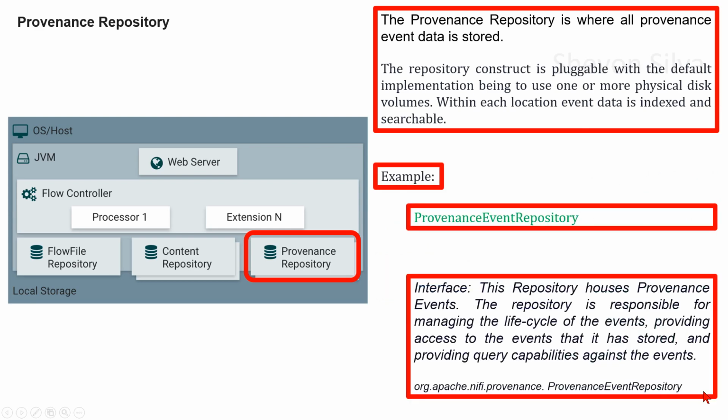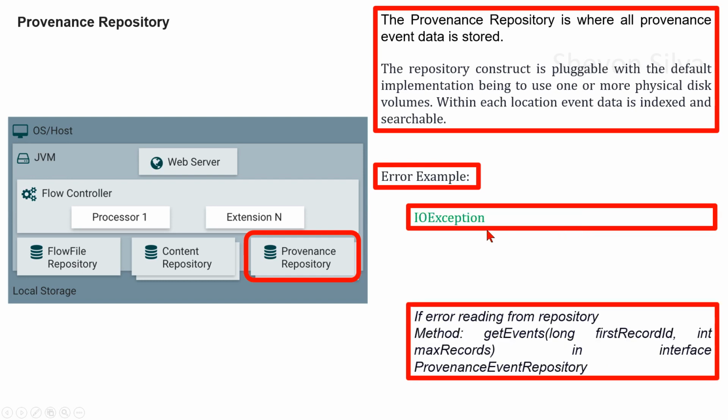As an example, we can consider the ProvenanceEventRepository interface. This repository houses provenance events. The repository is responsible for managing the life cycle of the events, providing access to the events that it has stored, and providing query capabilities against the events.